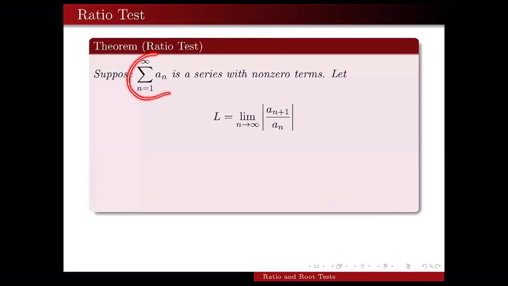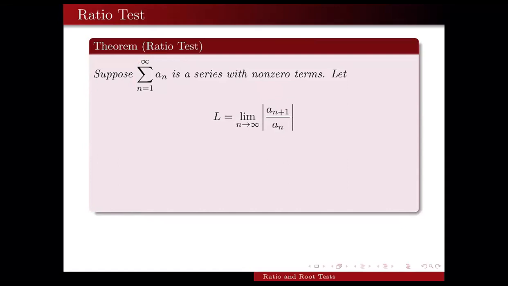Suppose you have the series a_n from 1 up to plus infinity, and suppose this series has non-zero terms. Take note of that, non-zero terms. So it could be alternating as long as the terms are not zero. Could be all positive, could be all negative, and it could be any behavior of sign change.